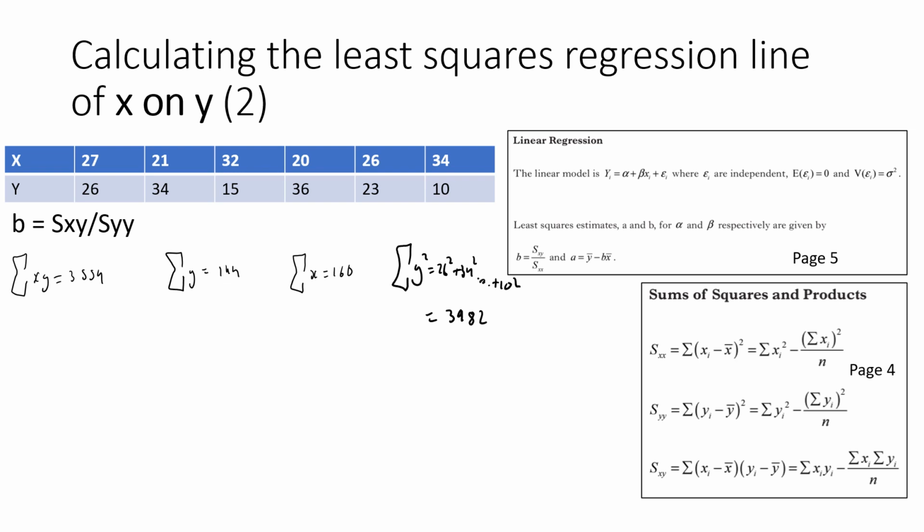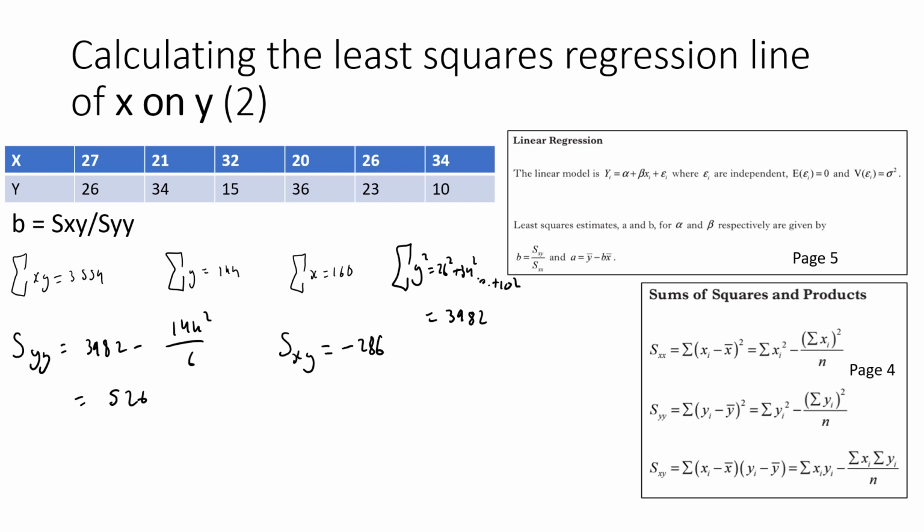Next thing we need is syy, which is 3982 minus 144 all squared over 6, and that gives us 526. For sxy, we already know what that is, which is negative 286.